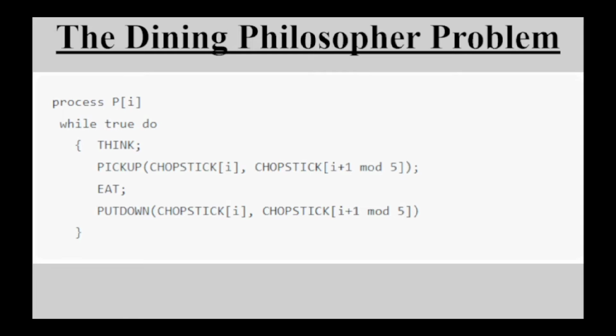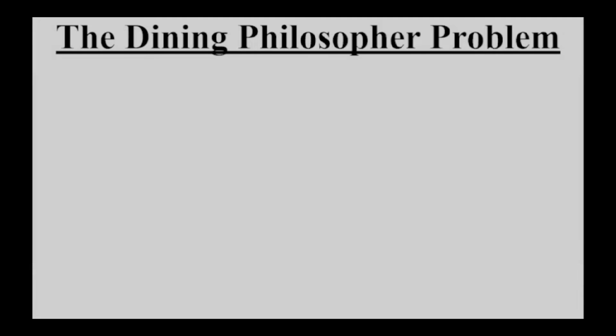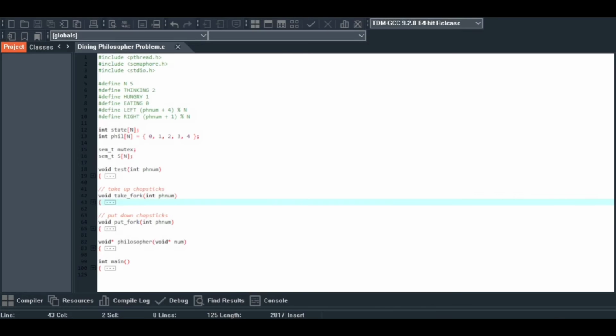As my partner Mr. Pateño stated, there are 3 states of a philosopher: thinking, hungry, and eating. We will now show you the algorithm, the code for this particular problem. So here is our code.